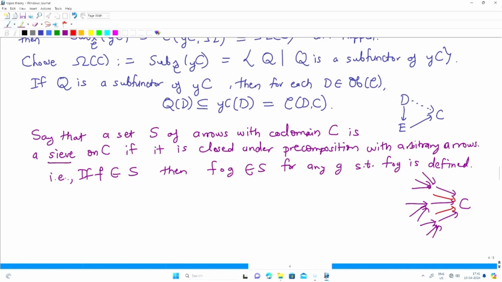So it's the arrows with codomain C that give you a sieve. Only those things can pass through and the other things cannot pass through. So it is a collection of arrows. The domains of such arrows don't matter. It is simply a collection of arrows which is closed under precomposition, or it is a right ideal. Yeah, so this is the right ideal condition.